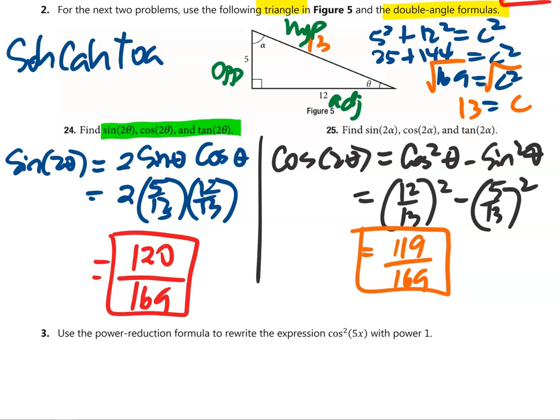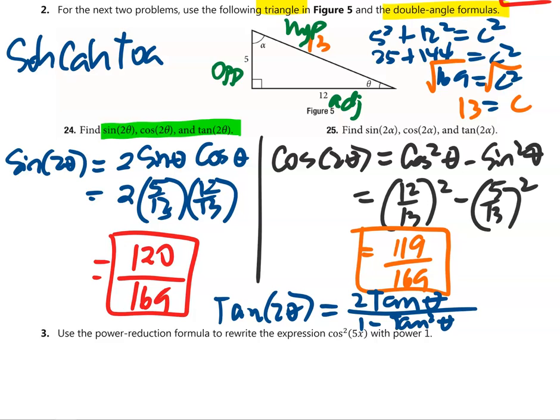Okay, and for tangent, tangent 2 theta, we know that this is equal to 2 tangent theta over 1 minus tangent squared theta.